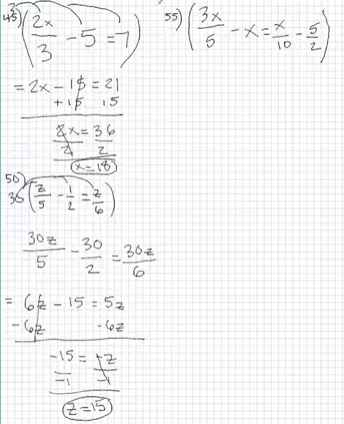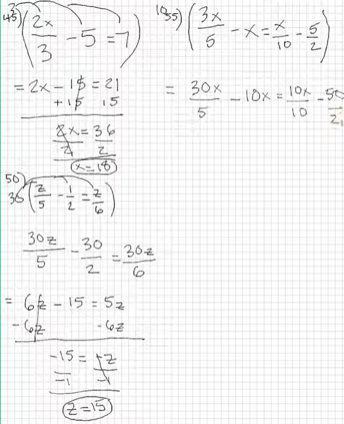So we're going to multiply by 10. Again, we distribute that 10 to all 4 pieces of information here. So I'm going to end up with 30x over 5 minus 10x equals 10x over 10, and then minus 50 over 2.